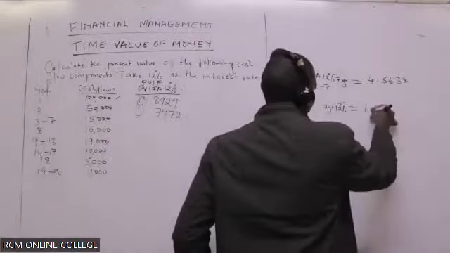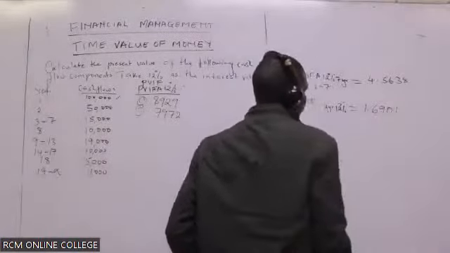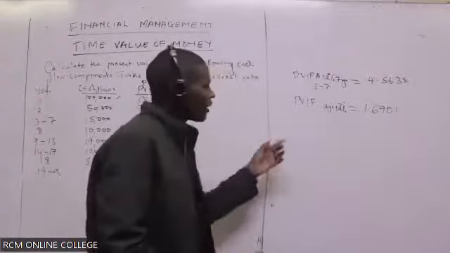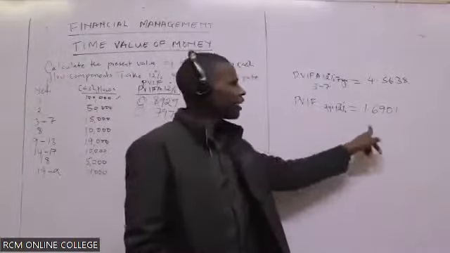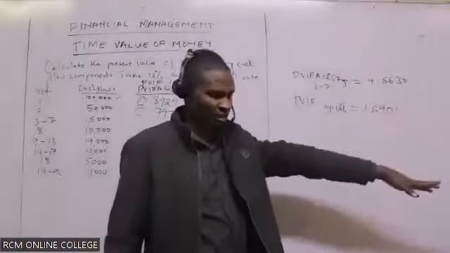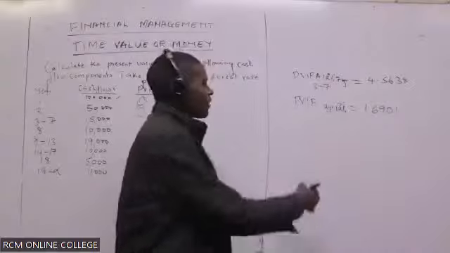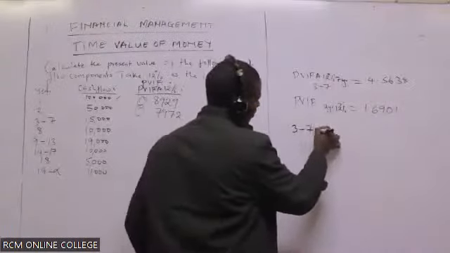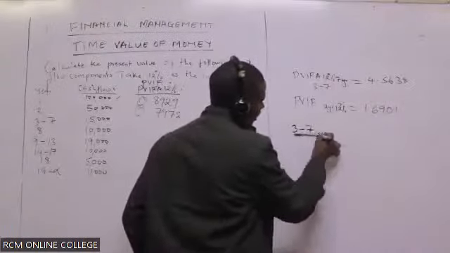1.6901. Okay. This is the PVFA for 2 years, and this is the PVFA for all 7 years. How do we get the PVFA for 3 to 7 years? How do we get that value?